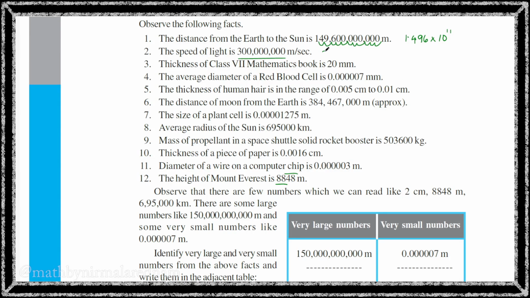And this is going to be 3 into 10 power 8, right? So you can see 3, I have placed the decimal here. So 1, 2, 3, 4, 5, 6, 7, 8.